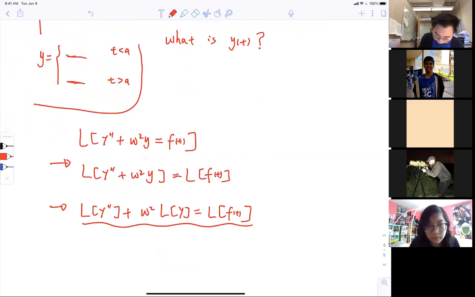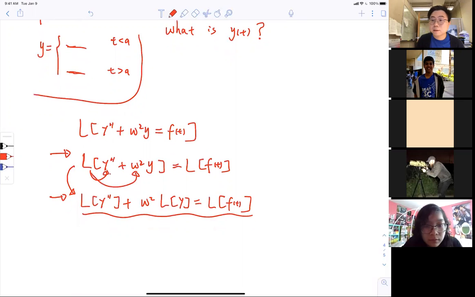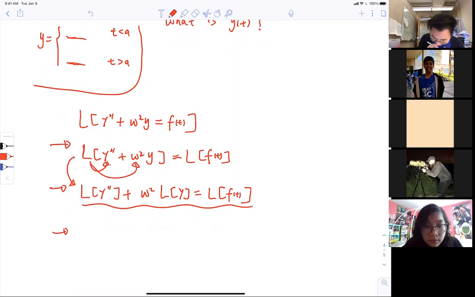So you can say from this step to the third step, I use that the Laplace transformation is a linear transformation, meaning that you can apply it to the first term and also to the second one.